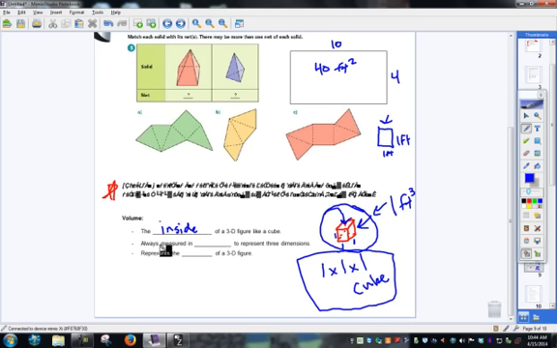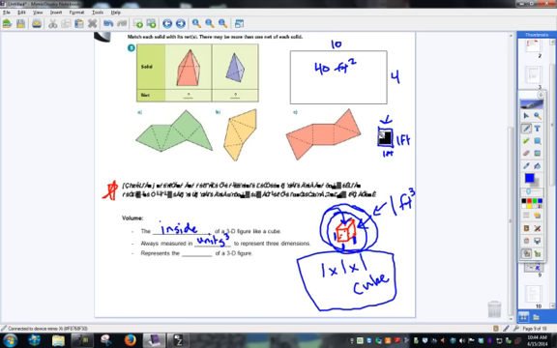It's always measured in units, whether it's centimeters, meters, and instead of a little square, we do a cubed. The whole idea is, because we're talking about a prism or a 3D figure, we're talking about a base, a height, and a length. There are 3 different lengths, 3 different dimensions.